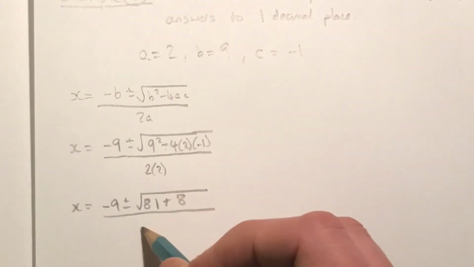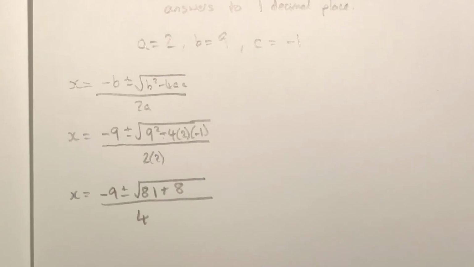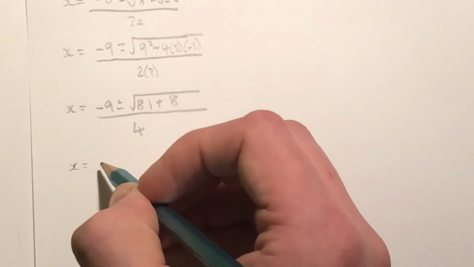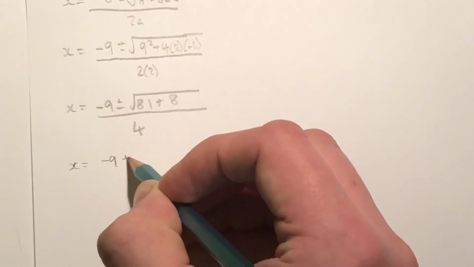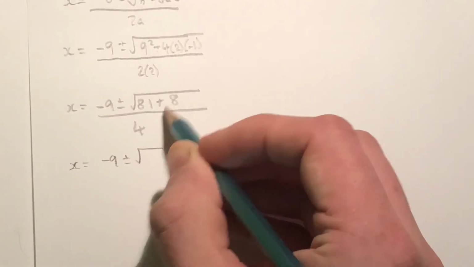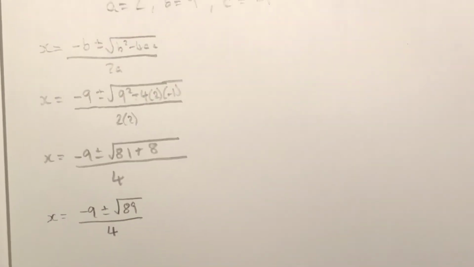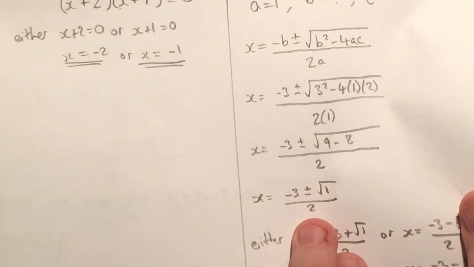All upon 4. So, from here, minus 9 plus or minus the square root, 81 plus 8 is 89 upon 4. And we've now got to the same point as we did in the previous example, being this line here.